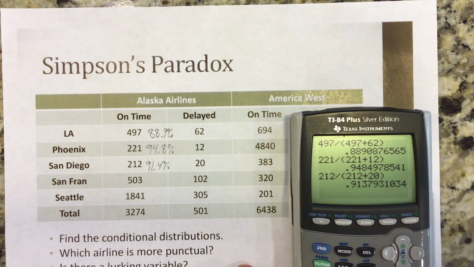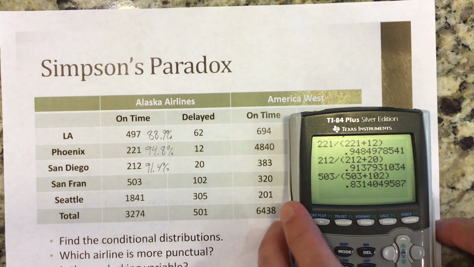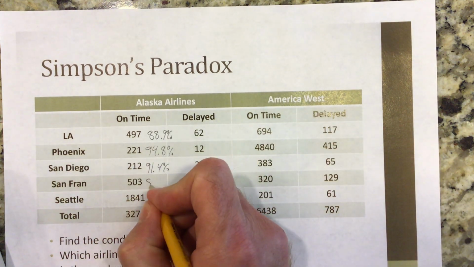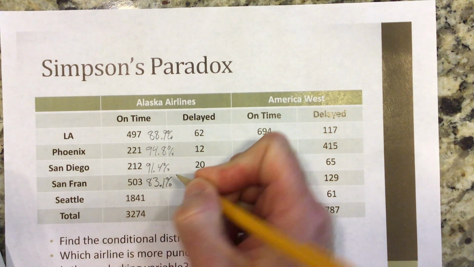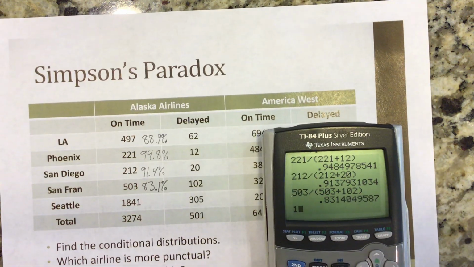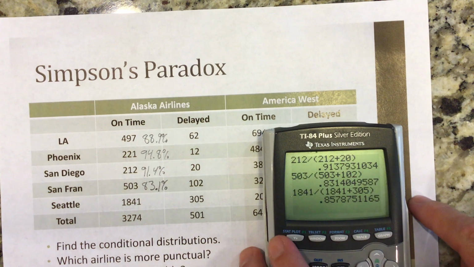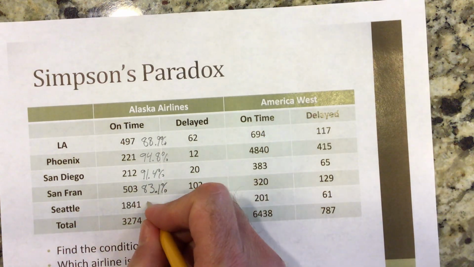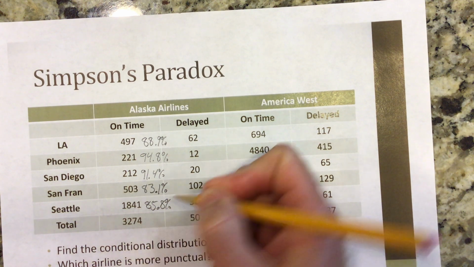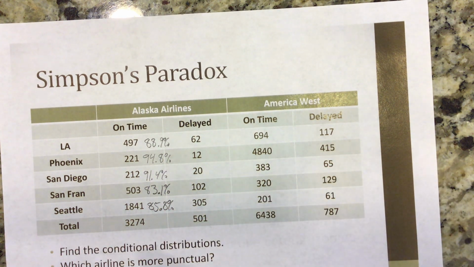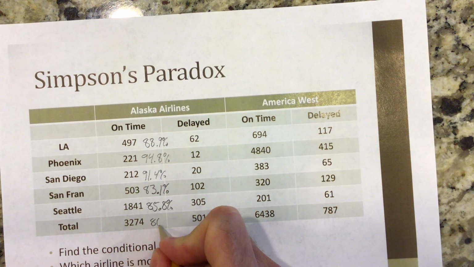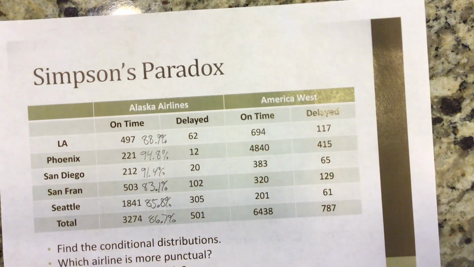San Fran. 83.1. Seattle. 85.8. And again, the overall we had already calculated is 86.7%. All right, so there's Alaska by airport.